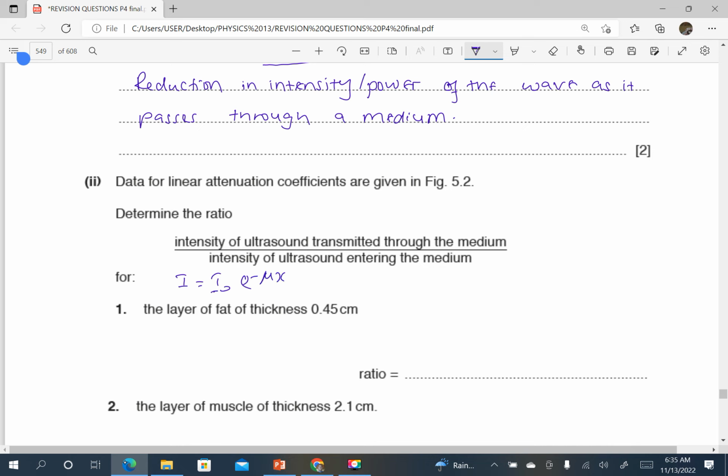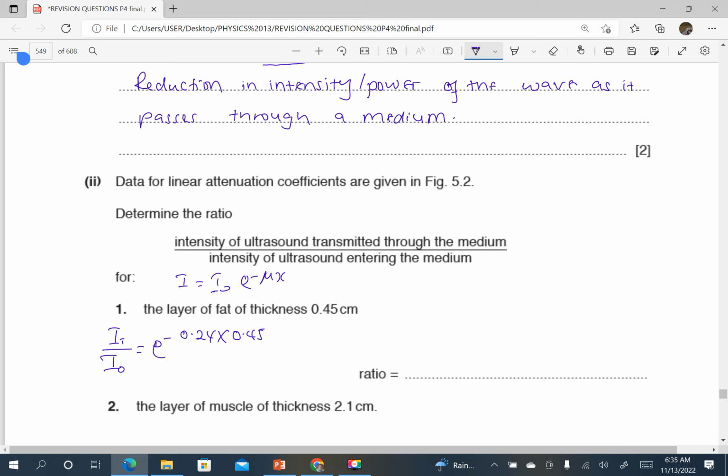So for fat, we shall say the fraction, which is intensity transmitted through fat over the intensity incident in fat, is going to be e power negative mu for fat, which was given as 0.24 per centimeter. And since the thickness is also in centimeters, I will not convert the units. So it is 0.24 per centimeter times 0.45 centimeters.